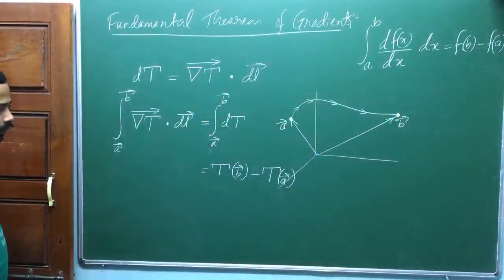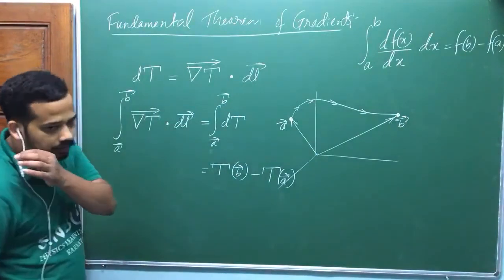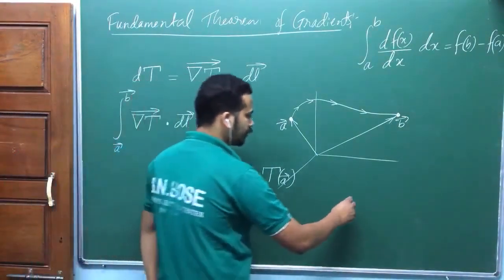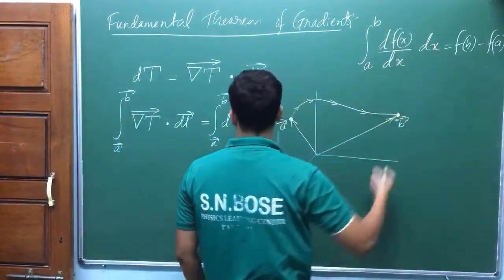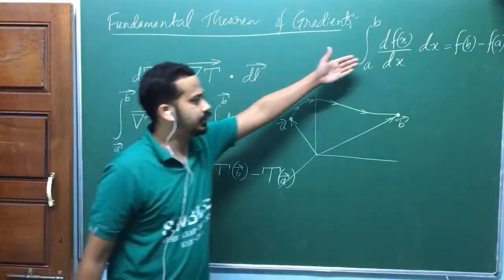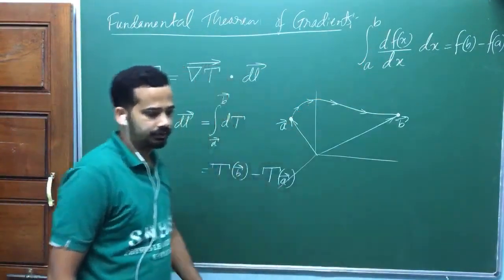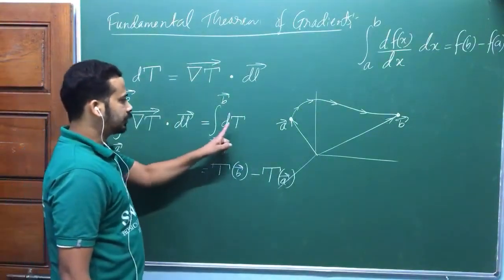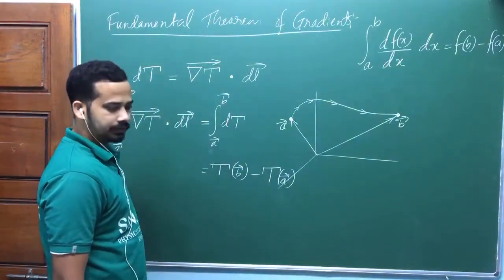Is that okay? So this is a total change in t, or it's like just writing what you call integral of differentiation. Is that okay? Just like this, very similar to this one actually. Value of this scalar field at the end points of the integral.